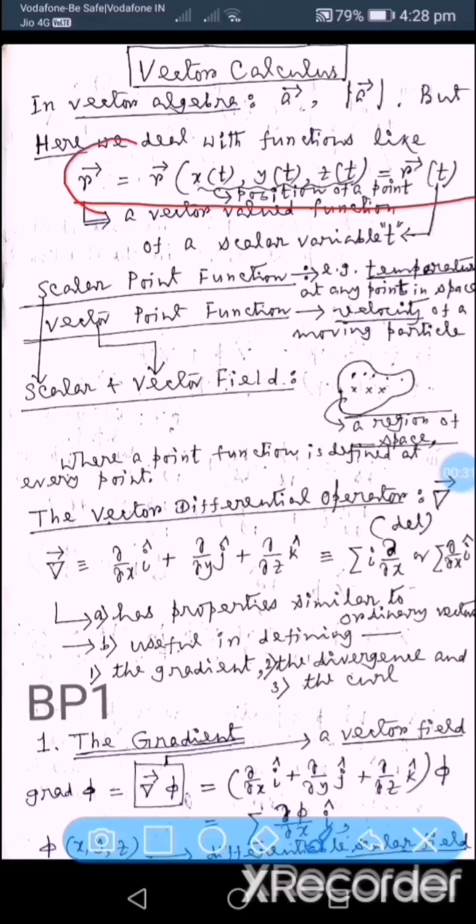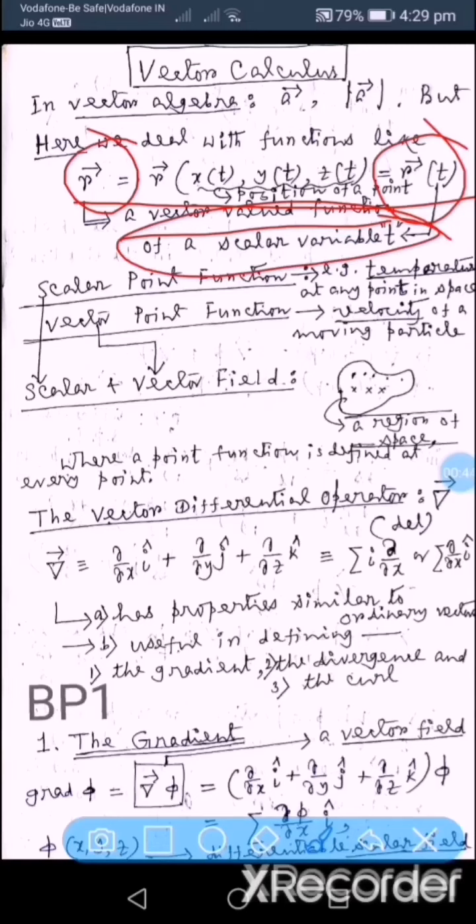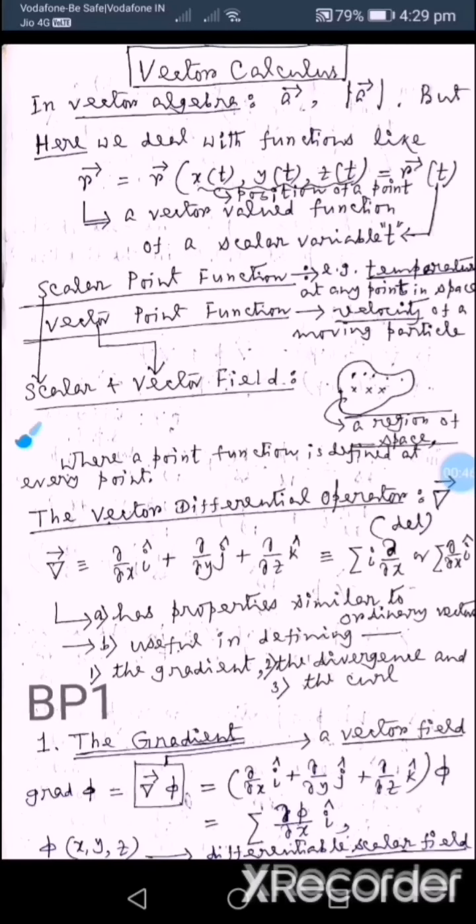So ultimately R becomes a function of t. So here R is a vector valued function of a scalar variable t. A vector valued function produces a vector which is a function of a scalar variable t.